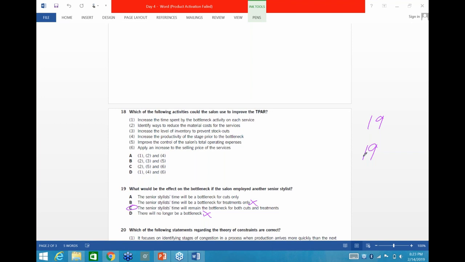Your thought will be, I'm not too sure if C is right. You can always come back and adjust it if you think A is right. Many have told me they didn't have time to come back and do it. At least statistically, you have a 50% chance of getting this right if you mark and proceed. So please make sure you mark and proceed if you are unsure of the answer.